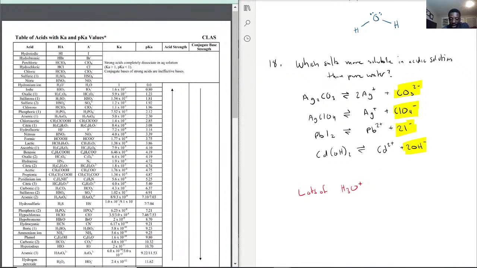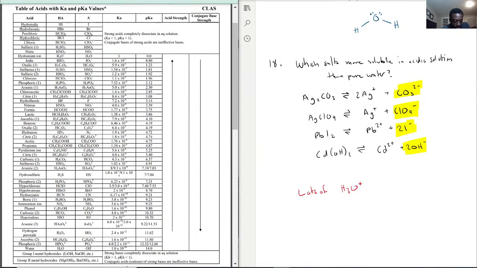We're going to look at the A minus, the conjugate bases. That's really what these are. So CO3 2 minus, where does that go? Carbonic, right here. CO3 2 minus is pretty high. Right now we can just say that it's a value. And now ClO4 minus, let's see where that is for this conjugate base.